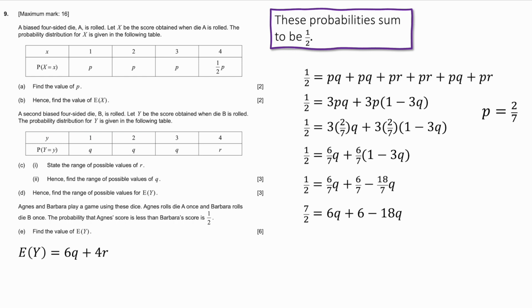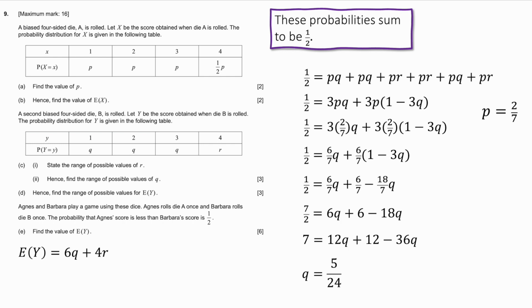Get rid of divide by 2 by multiplying by 2, like this. And we've not got any fractions anymore, which definitely helps make things simpler. 12q minus 36q is minus 24q. And so 7 equals 12 minus 24q. And we rearrange, we get 24q equals 5, divide by 24, and we've got q is equal to 5/24.